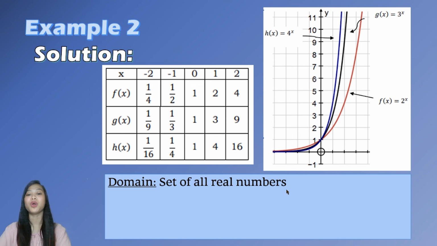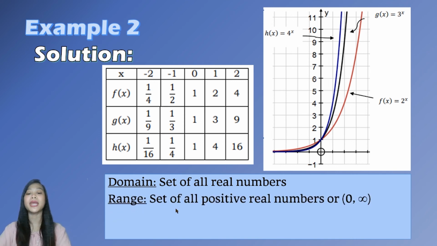Just like what I said in our first example, since your form is f of x equals b raised to x, then your domain will be the set of all real numbers. For the range, as we can see, these values of range for our f of x, g of x, and h of x are all positive real numbers. So we cannot see a negative value here. So this is from 0 to positive infinity.